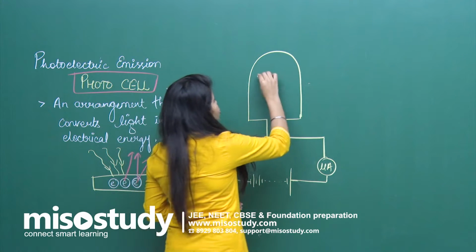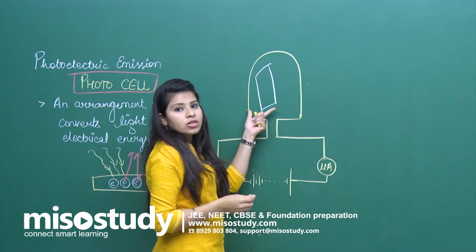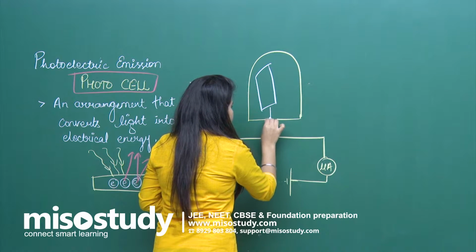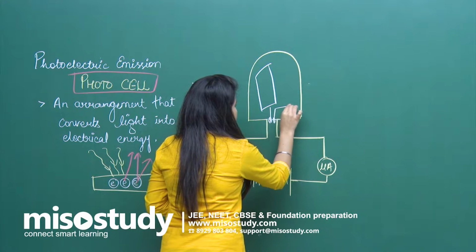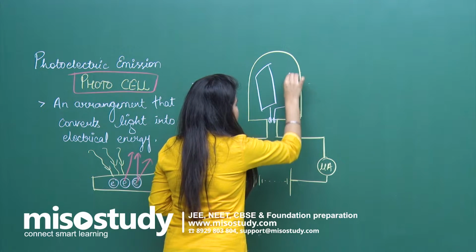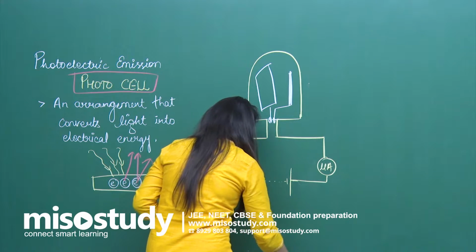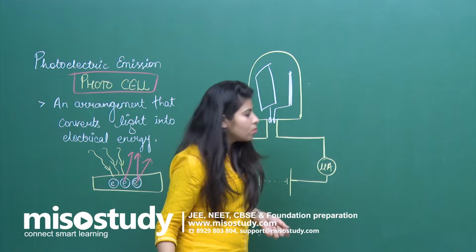In this glass tube, two electrodes are connected. Let me draw this with some different color for you.